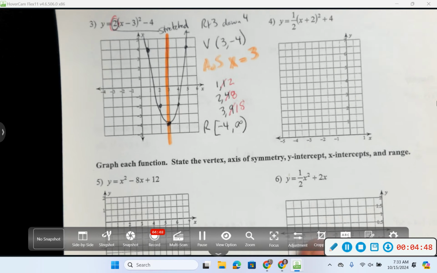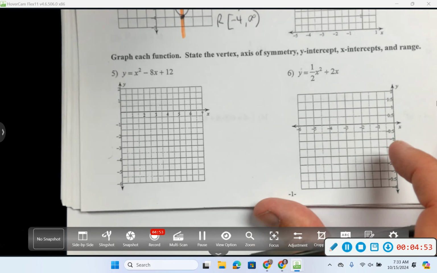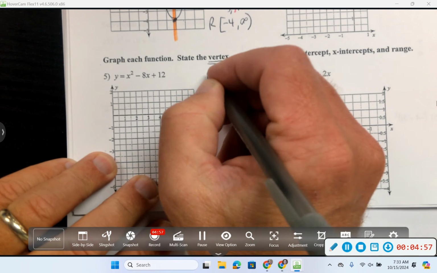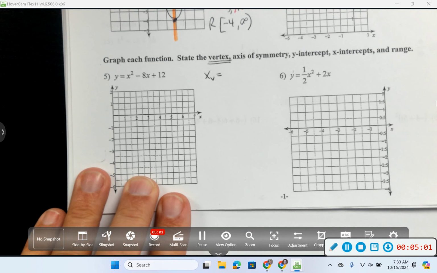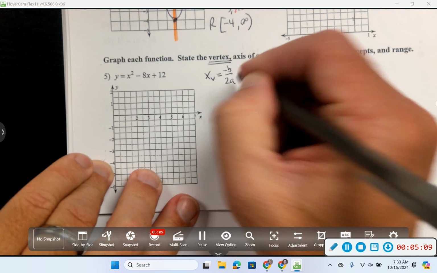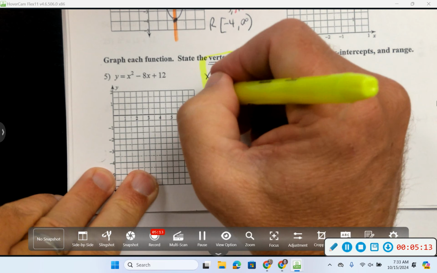As opposed to 5 and 7 that are not in vertex form, they're in standard form. Do you remember how to find the x-coordinate of the vertex? No. That's sort of the whole... Negative b over 2a. That's super important because it kind of all falls out from there.